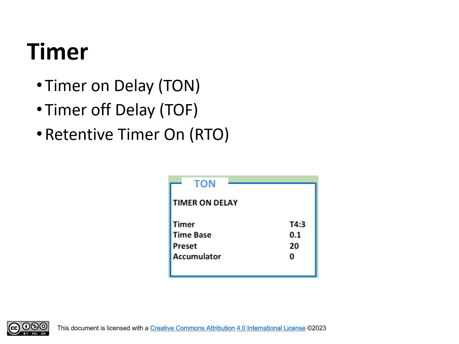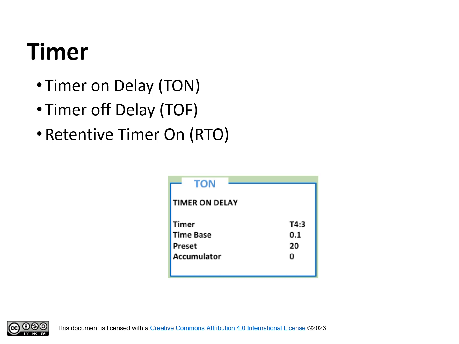The TON timer starts timing when it is energized. The TOF timer starts timing when it is de-energized, and the RTO timer works the same way as the TON, but it retains an accumulator value. Each of these timers basically works with 3 words of memory.